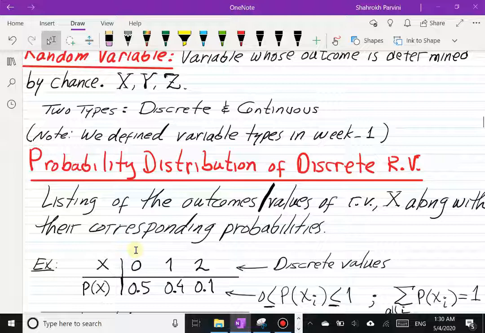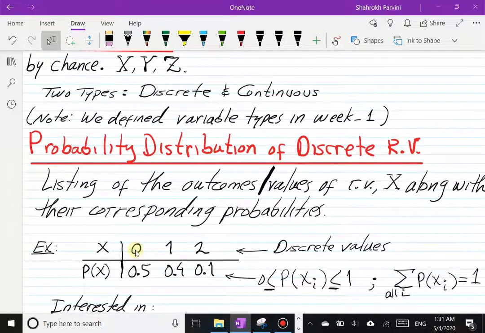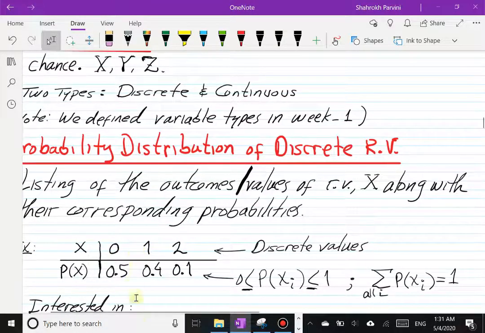Now, for this to be a valid probability distribution, 2 things must happen. First, the individual probabilities for each outcome must lie between 0 and 1. And they do.